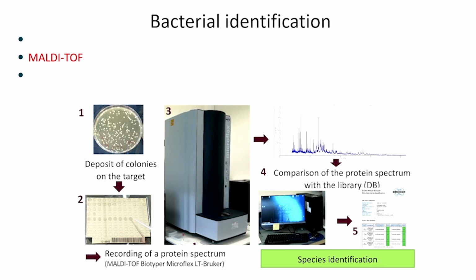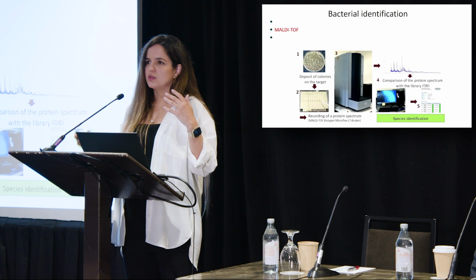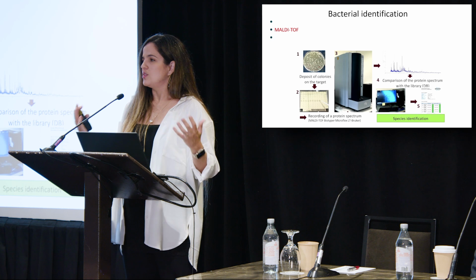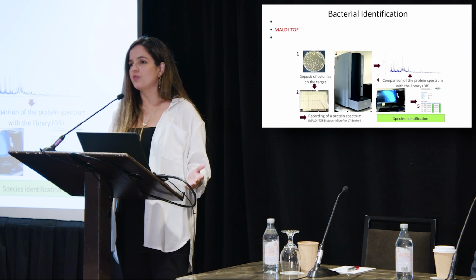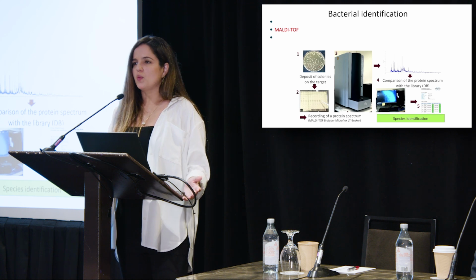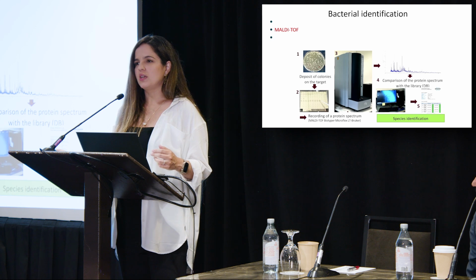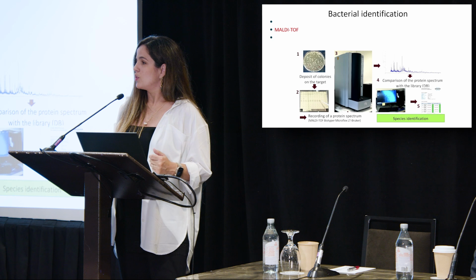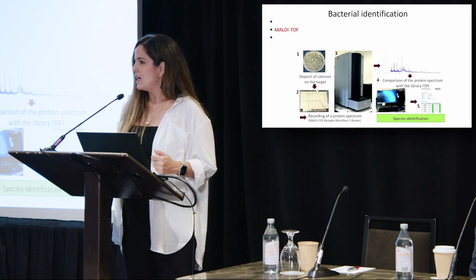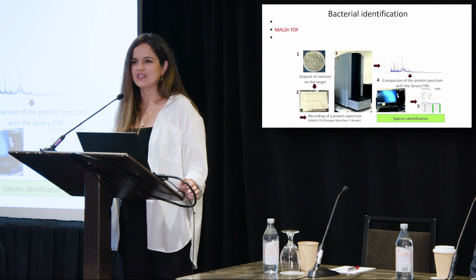We still apply biochemical tests. It is very important, especially to know if they're producing gas, and which type of gas. I also want you to understand that even the same species of bacteria can behave differently in a specific environment. So we have Escherichia coli that sometimes produces only hydrogen and CO2, but we also have Escherichia coli that can produce H2S. And that cannot be checked with this type of technology, only with biochemical tests, right?